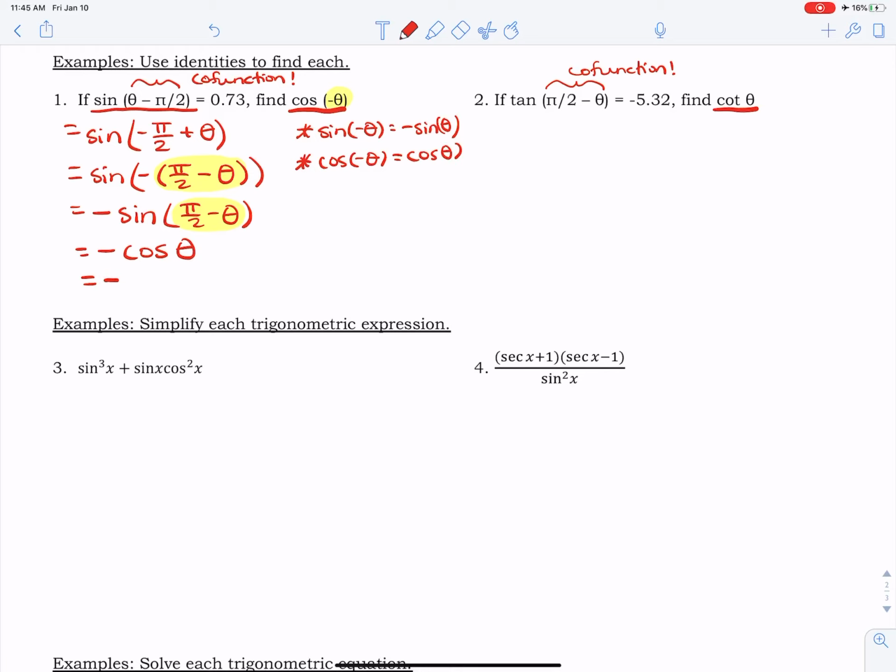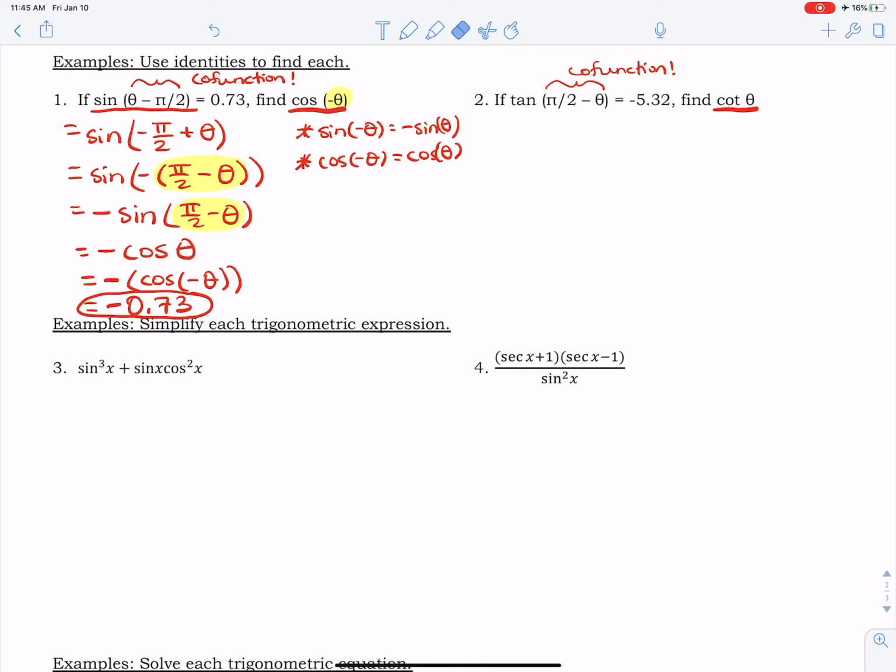So negative, and I can go ahead and write this as cosine of negative theta. It ends up being the same thing. And therefore, our answer is negative 0.73. And of course, you'll have a chance to practice this multiple times in class.